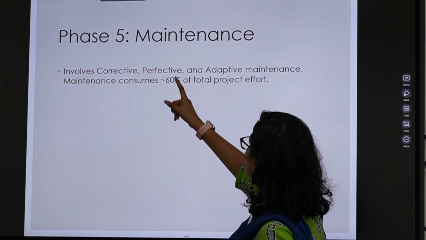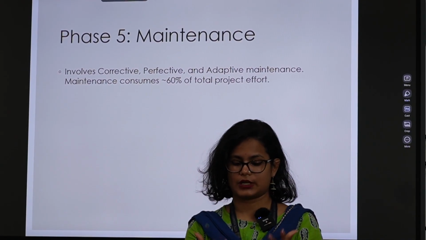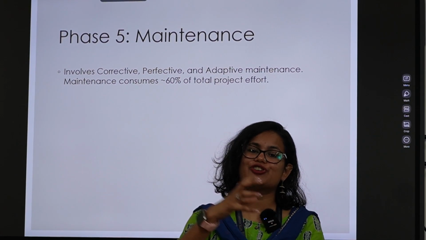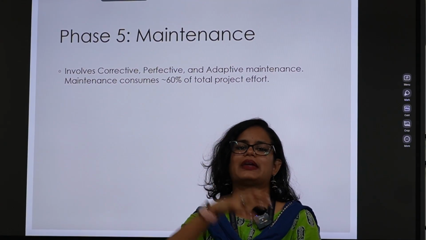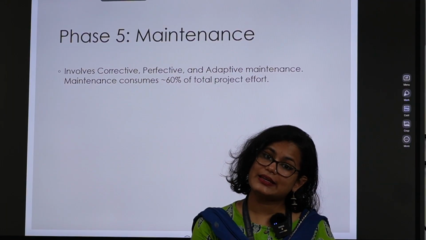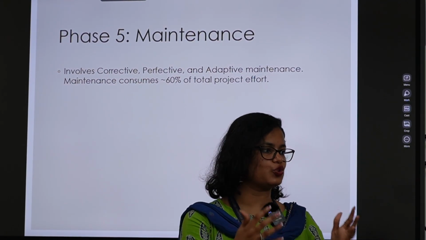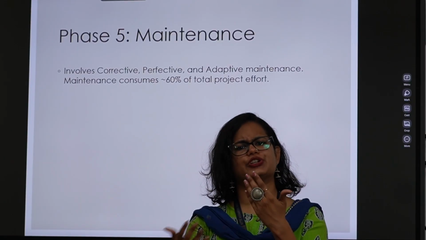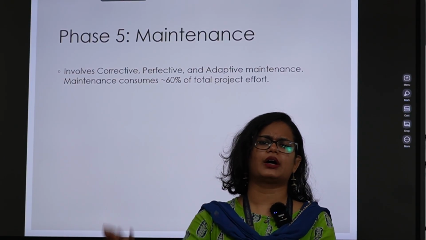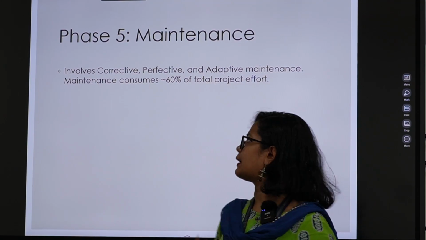Next is going to be your perfective maintenance. You have a product, it's working well, you're going to try to evolve that product to make it into a better product. Adaptability: the product already exists, everything is working fine, but you're trying to adapt it to whatever new is coming out in the market, whatever the market trends are, trying to adapt it to new products that are going to be coming by.